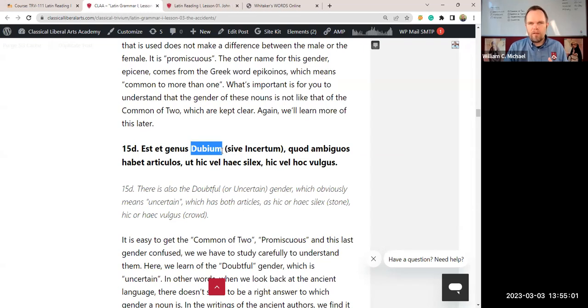So it's doubtful because it seems like they really didn't have their mind made up on which gender it was. Sometimes they refer to it as masculine, sometimes as feminine. It's uncertain, it's doubtful.